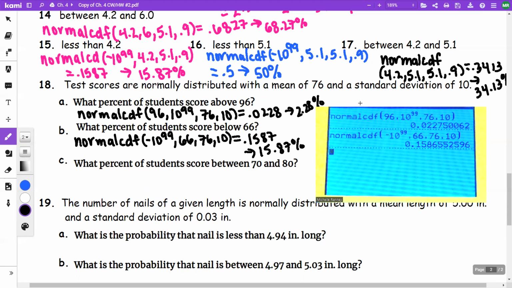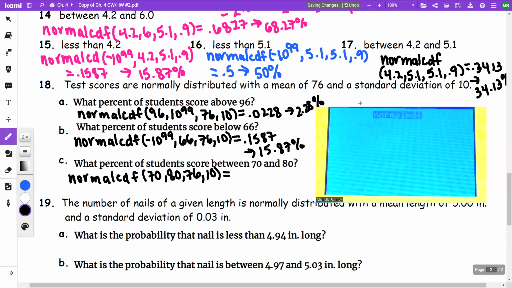15.87%. What percent of students score between 70 and 80? So that's going to be normal CDF, 70, 80, that's the lower and upper. Mean is 76, standard deviation is 10. Whoops, sorry.